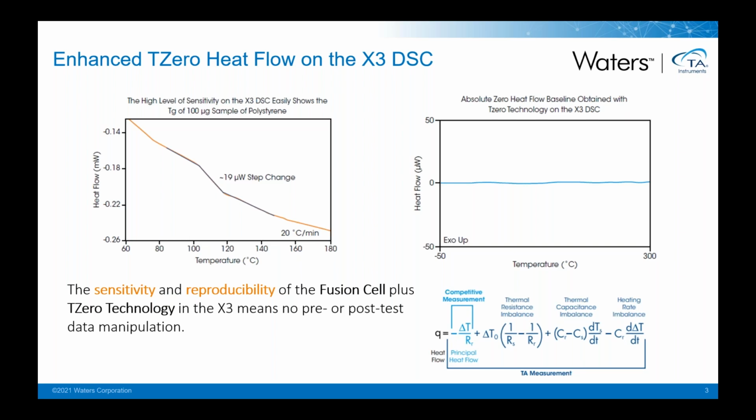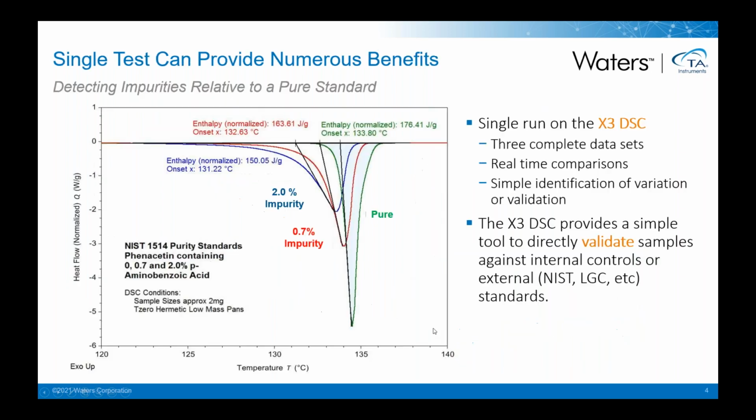We have very good baselines, very sensitive systems, so we know there isn't going to be a need for any kind of pre or post test manipulation to get the data to look better. It's going to look better, and it's going to give you a level of confidence right from the get-go that your results are indeed accurate.